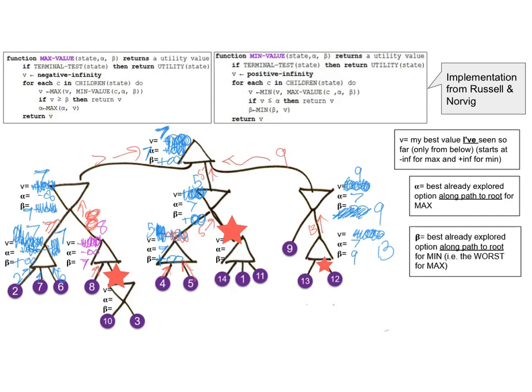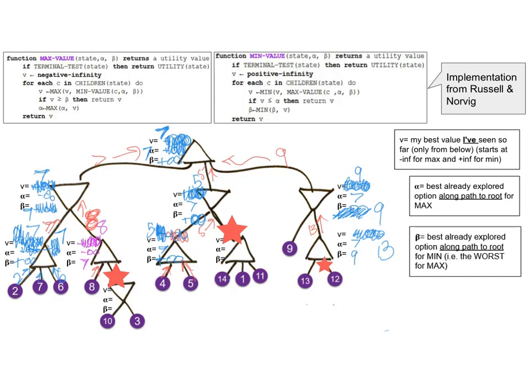Okay. And we're back into our max function, right? Which says, okay, I was checking the child, up came a 9. V is going to get the maximum of whatever V is right now, and this 9, oh, hey, that's a better route for me.